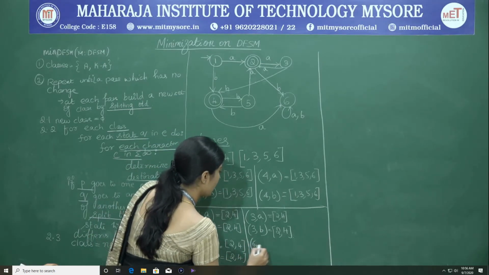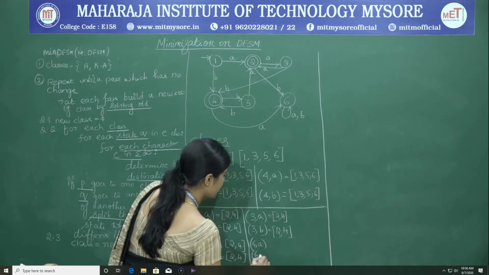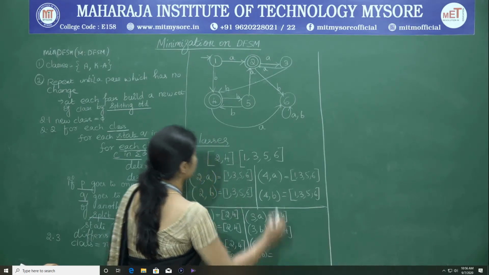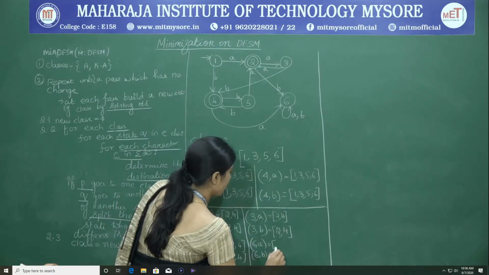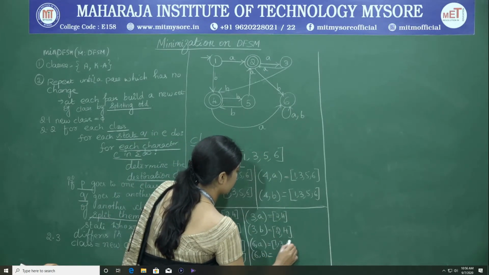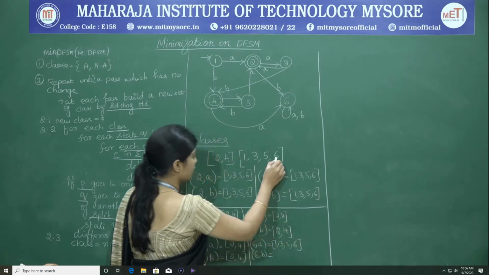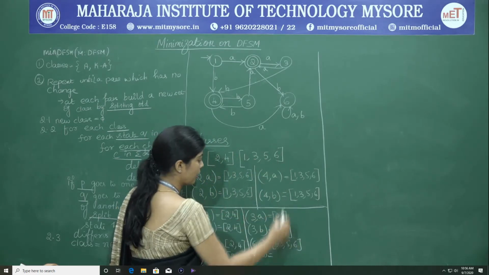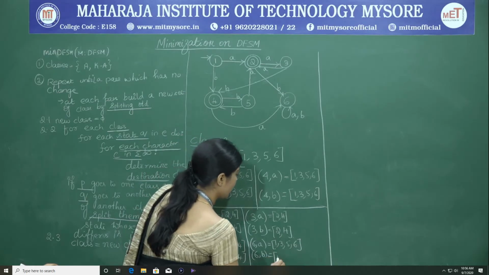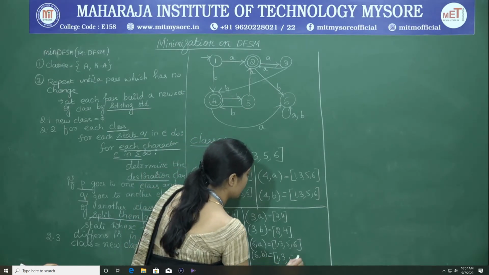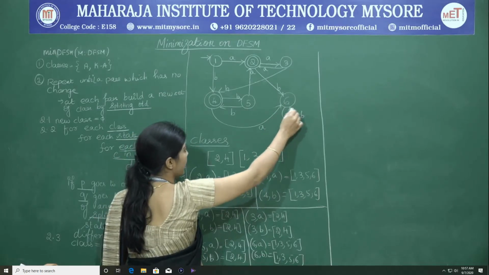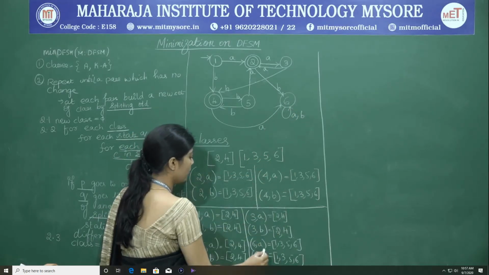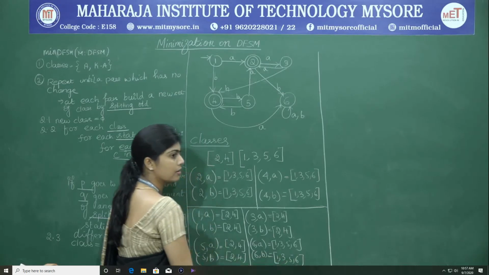Next, 6 on A and 6 on B. So 6 on A is 6, so it has 1, 3, 5, 6 because the destination 6 is within this class, so therefore write that class. So next is 1, 3, 5, 6 because 6 on B is on the same loop, A and B are on the same loop, so therefore we can write the classes.